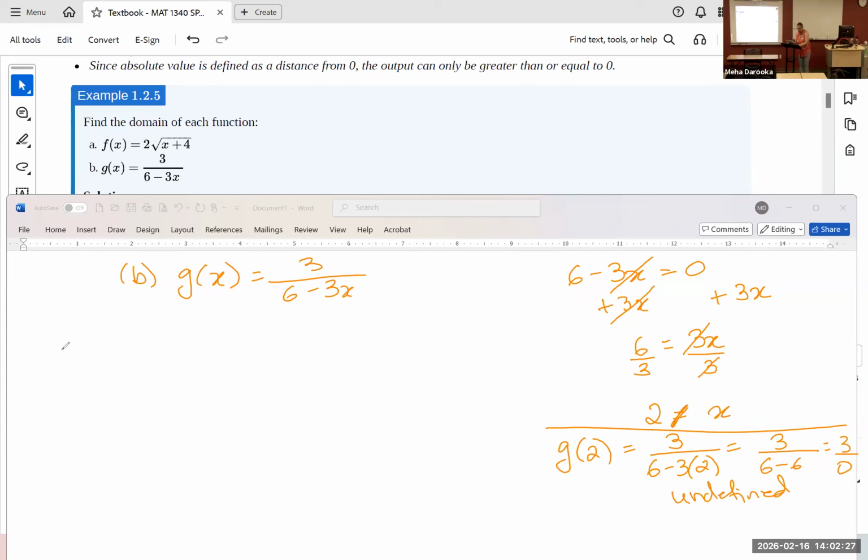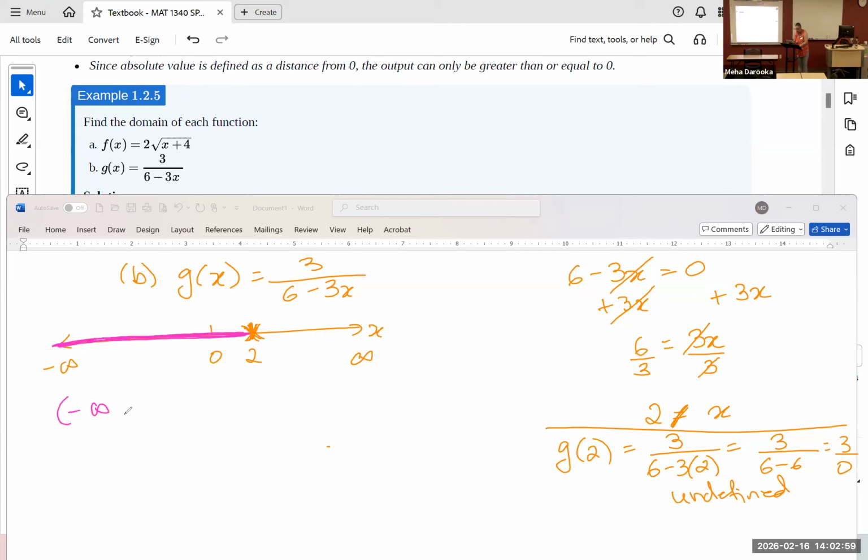So your domain, and again, guys, if it helps to visualize, go ahead and draw a number line. So we know negative infinity is on the left, positive infinity is on the right. 0 is going to be in the center, and then our 2 is somewhere over here. So we are basically saying do not include 2, but everything else is okay. So that means from negative infinity right till you get to 2, just not including it, is okay.